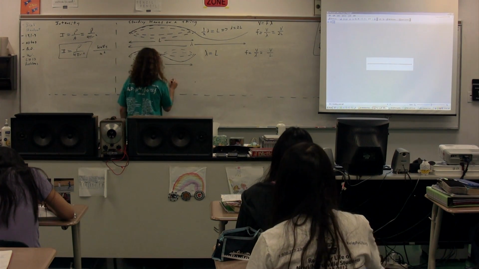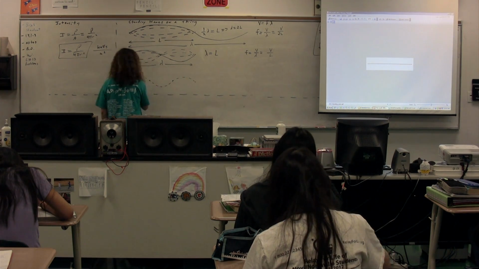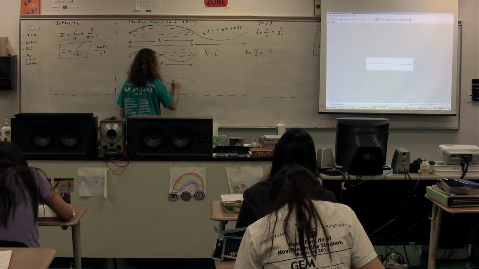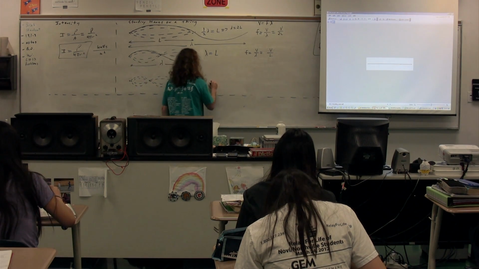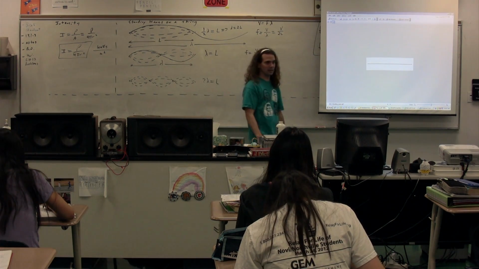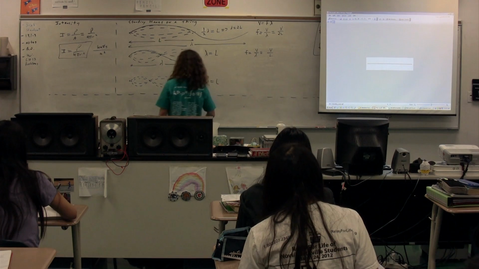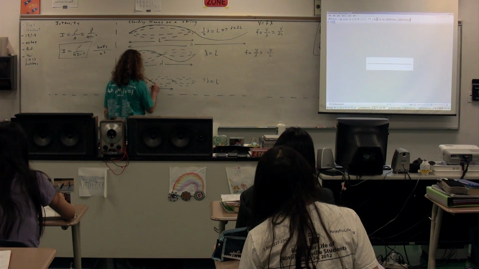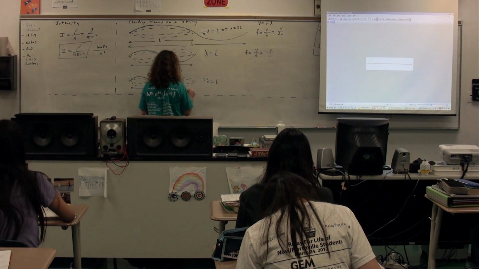One more. Let's say we have 4 nodes and 3 antinodes. How many wavelengths equals the length of the string? Now, Dana? 1.5, right? Because one wavelength would be from here to here. And then this would be a half of a wavelength.